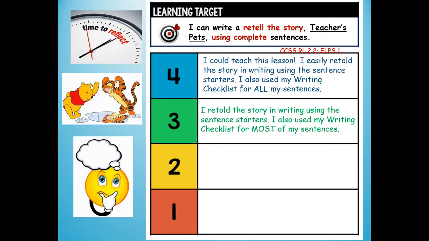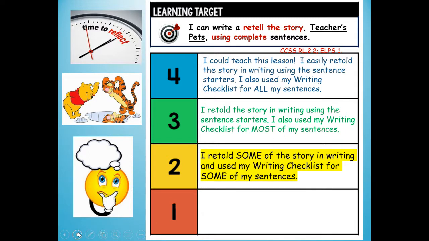I also used my writing checklist for most of my sentences. 2, I retold some of the story in writing and used the writing checklist for some of my sentences. Or 1, I did not retell the story and I did not use my writing checklist. I certainly hope we got a 2, 3, or 4, preferably a 3 or a 4, but if you got a 2, that's okay. We just do our best every time and hopefully get better every time.